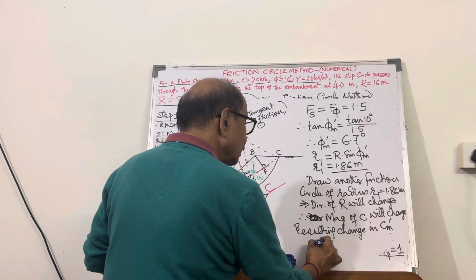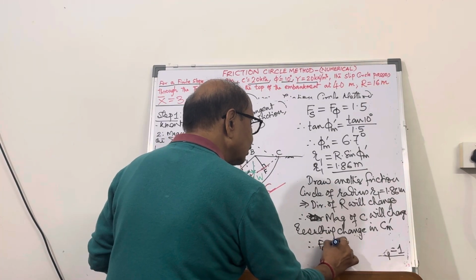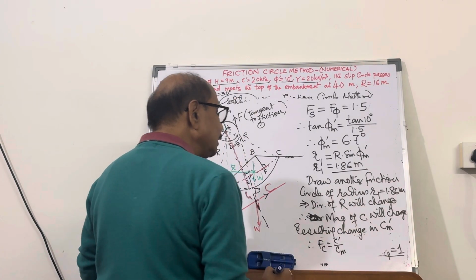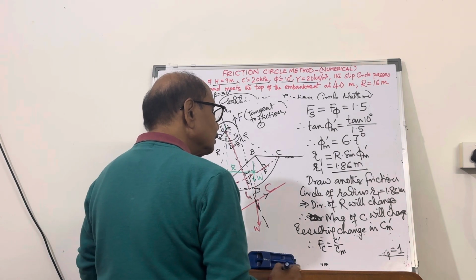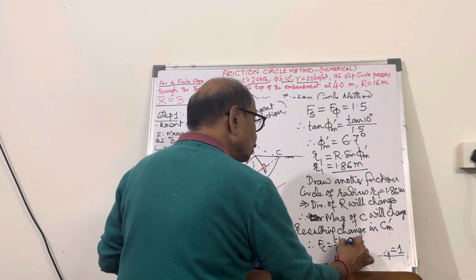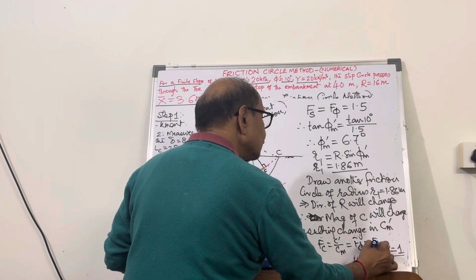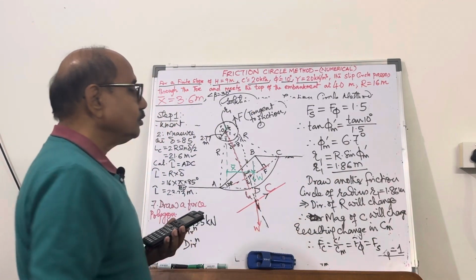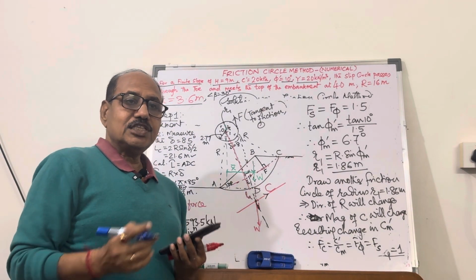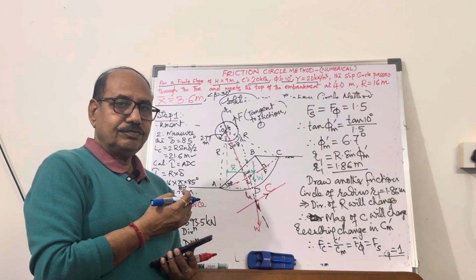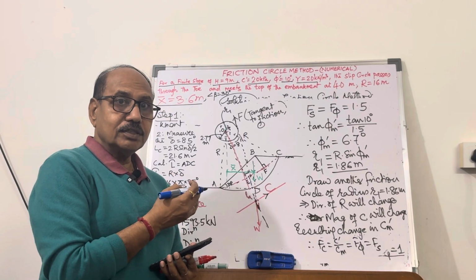Therefore, Fc you calculate as C prime divided by C mobilized, which must be equal to F phi, which is equal to Fs. So this is the complete solution, and this speaks for itself about the methodology of the friction circle method.